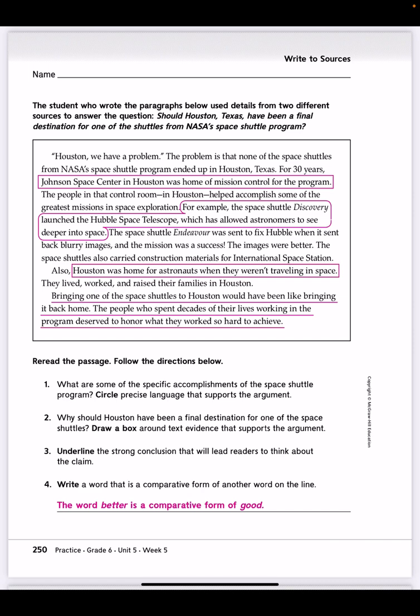Home to mission control and home for astronauts when they weren't traveling in space. It gives two different supporting reasons, why would they go elsewhere? Underline the strong conclusion. Well, the conclusion doesn't always have to go last, but in this case it does. And last but not least, write a word that is a comparative form of another word in the line. Better is a comparative form of good.